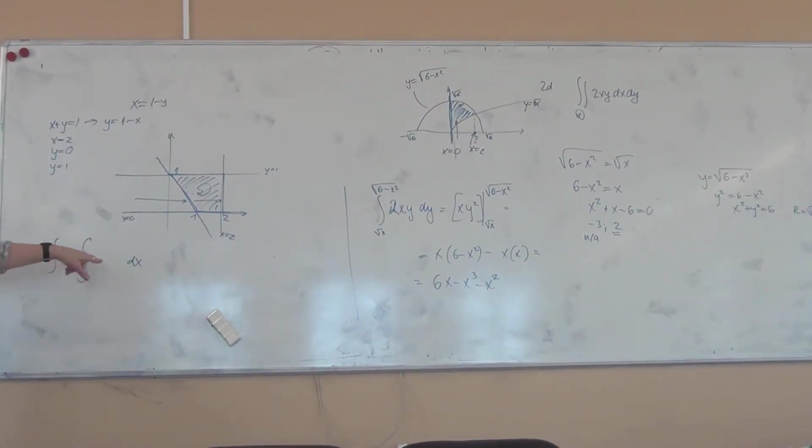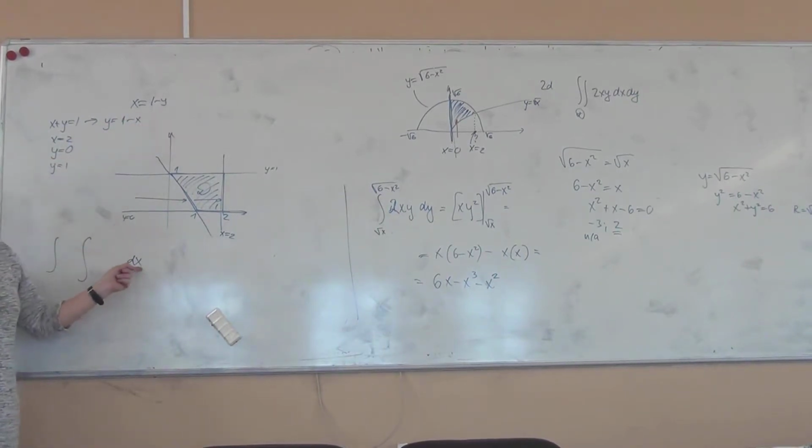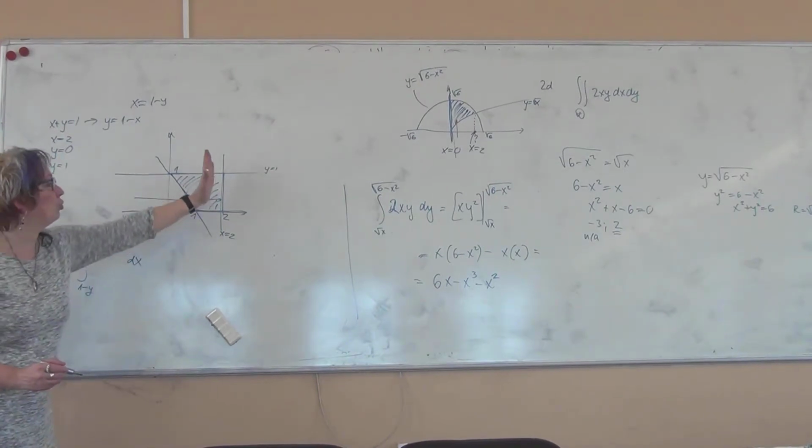Because I'm integrating by x, I have to use the other variable for the boundaries, so that my final expression will be in terms of y only. So it goes from 1 minus y to 2.